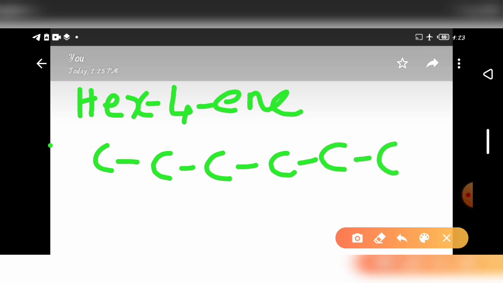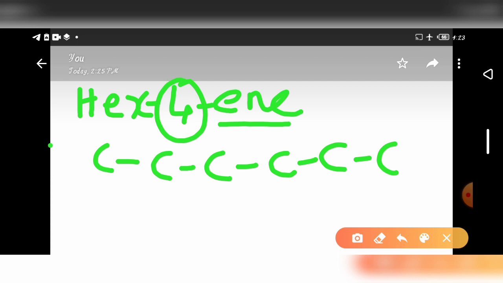I finished that. Okay, next, ENE: you have to see whether it is a double bond or triple bond. ENE means alkene. It is a double bond. In which carbon is it contained? 4th carbon. First 1, 2, 3, 4, 5, 6.